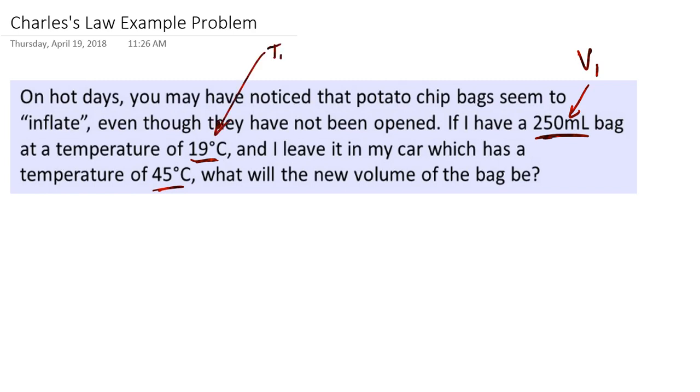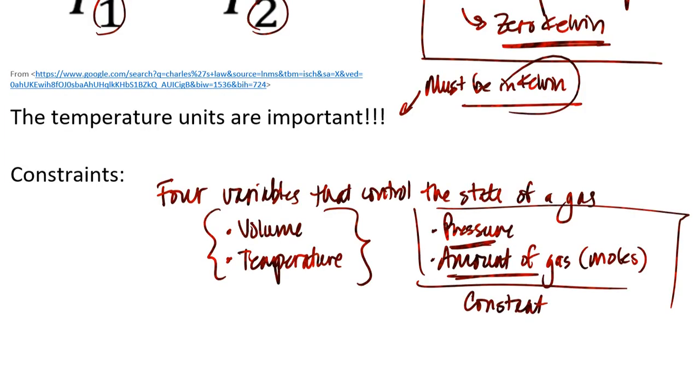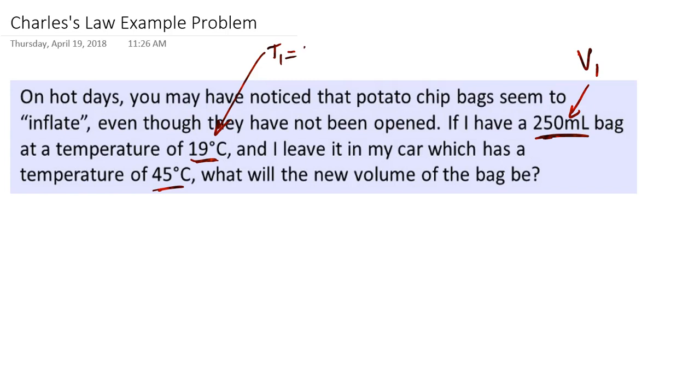So that should be my T1. Now, again, remember I said that my temperature units must be in Kelvin, and so the first thing that I should do is work on converting 19 degrees Celsius to Kelvin. To convert Celsius temperatures to Kelvin, I add 273. And if I do that, I'm going to get 292 Kelvin.